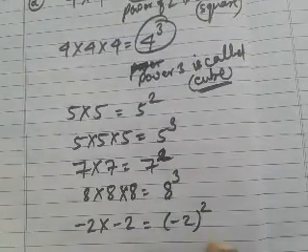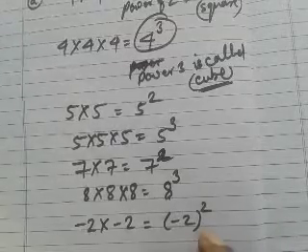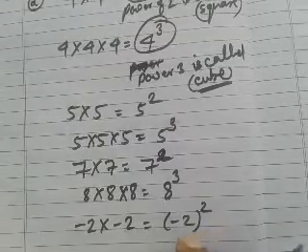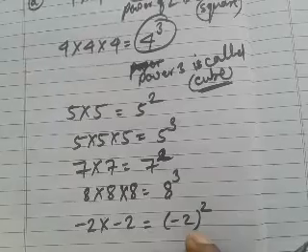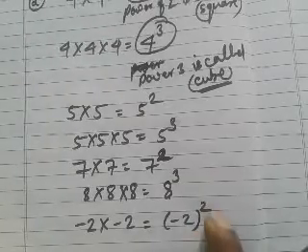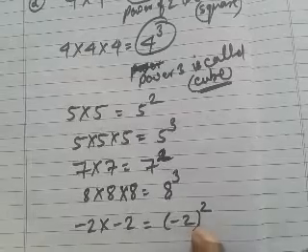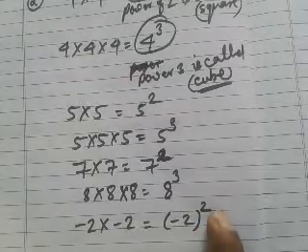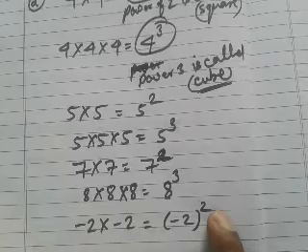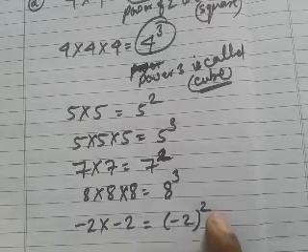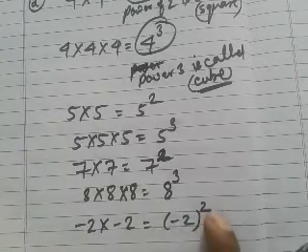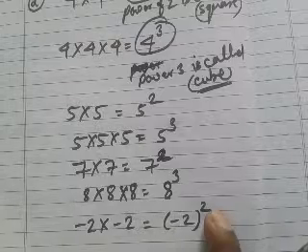If the power is 2, we can read it as -2 square, or -2 raised to the power 2.